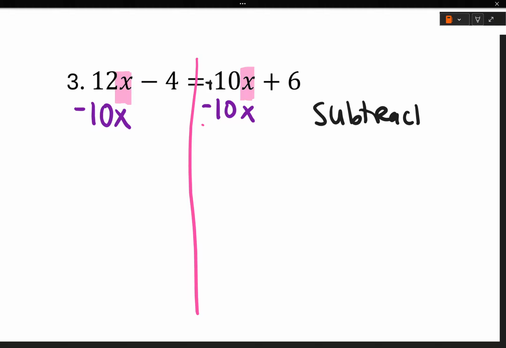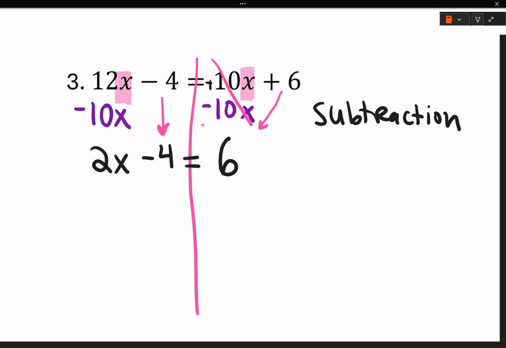Subtraction. On the left side, 12x minus 10x is 2x. I'm bringing down the minus 4. I didn't do anything with it. 10x minus 10x is 0. I'm bringing down that 6.